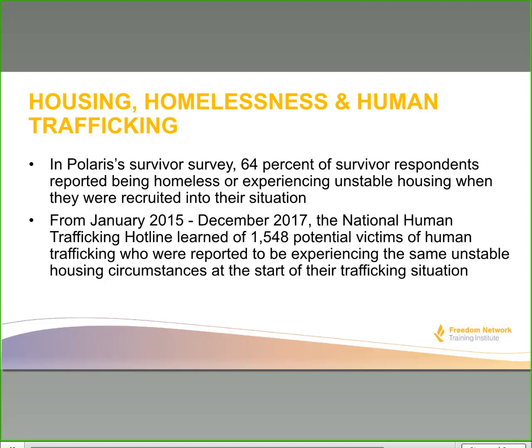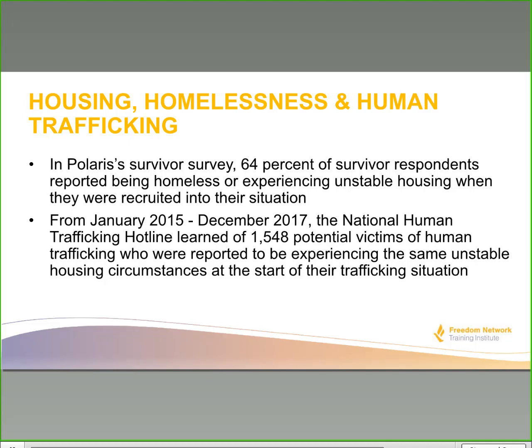So again, when they were recruited. Which means that for many survivors, experiencing homelessness or that housing instability was a massive vulnerability and a potential on-ramp, or what we call a push-pull factor.